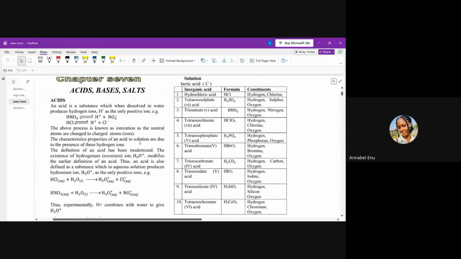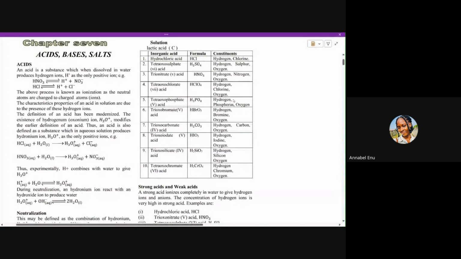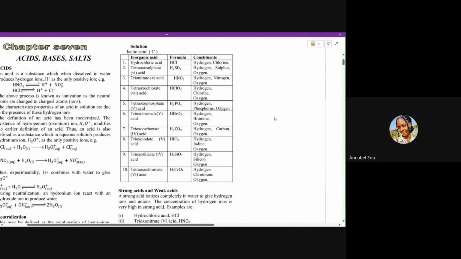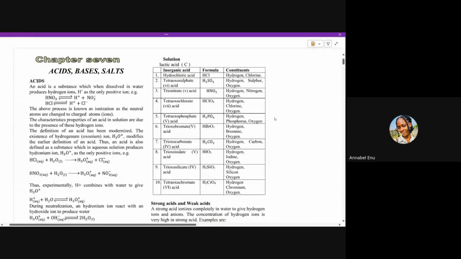It is from this topic that we can actually understand, to an extent, what goes on in the titration practicals you do in school, right? Because it has to do with acids and bases. So that's one typical example.